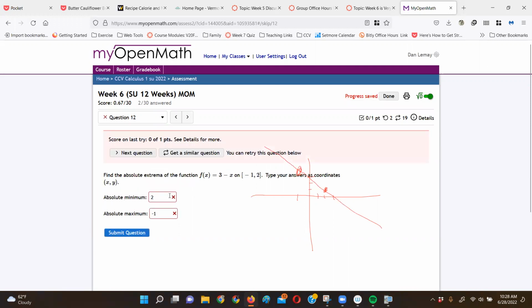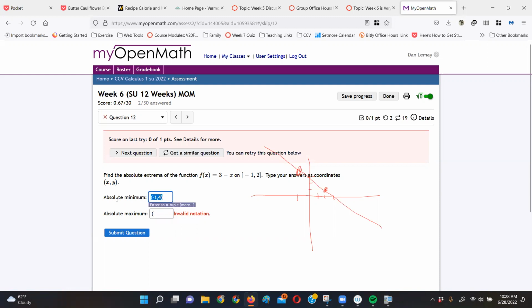Oh, what do they want me to do? As coordinates? Oh, they do want me to find the value, don't they? Oh, okay. So at -1, 3 minus -1 is 4, isn't it? And then, oh, the minute I get those backwards, I would do it again, huh?